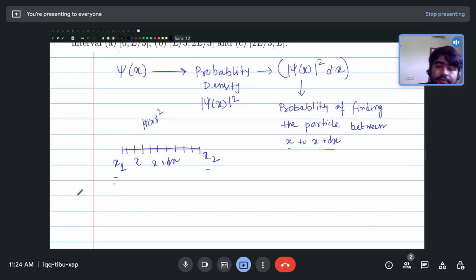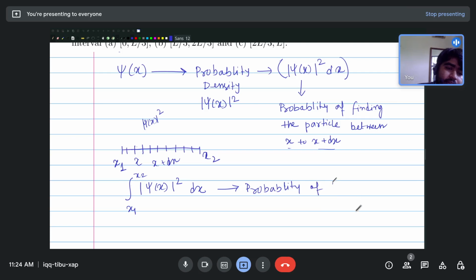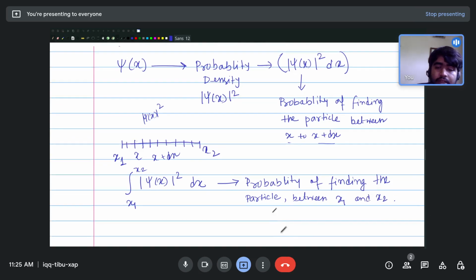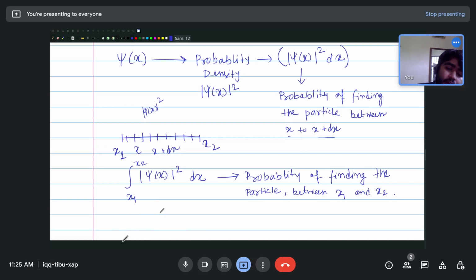What I'm saying in mathematical language translates to something like this: the integral from x1 to x2 of |psi(x)|^2 dx is the probability of finding the particle between x1 and x2.